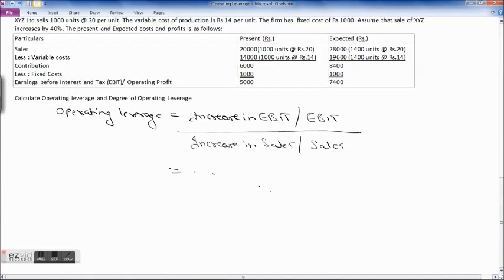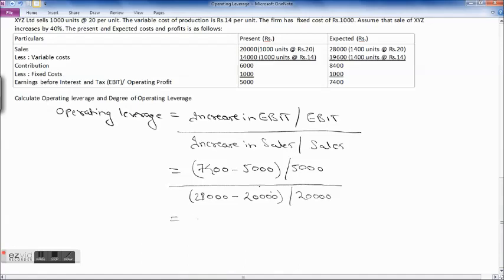Earlier EBIT was 5,000, then it was 7,400. So 7,400 minus 5,000 upon 5,000, divided by 28,000 minus 20,000 divided by your original sales, 20,000.